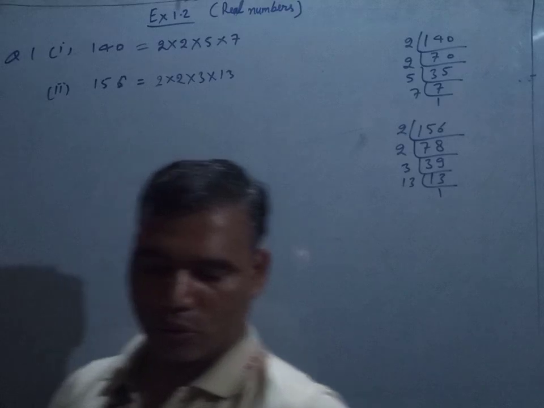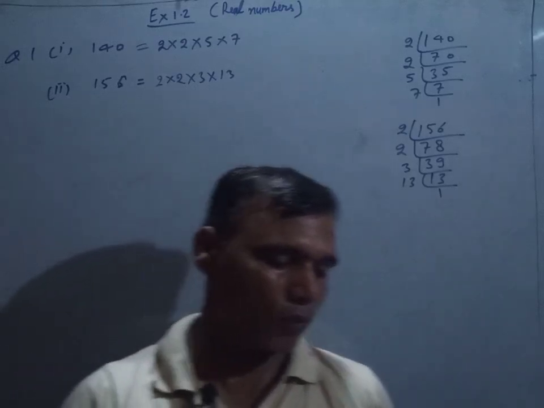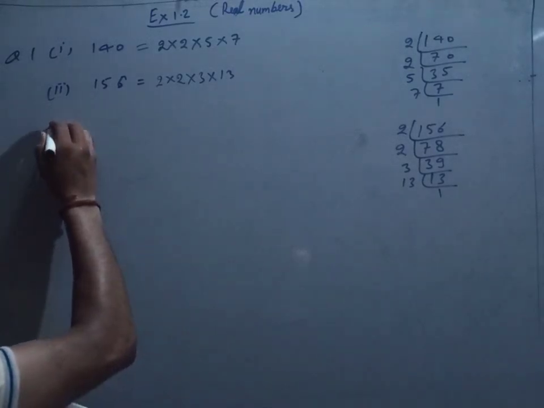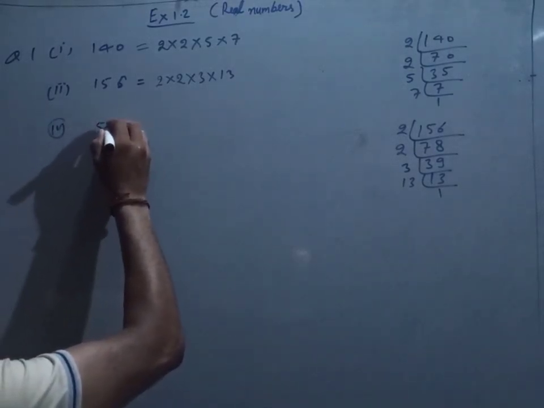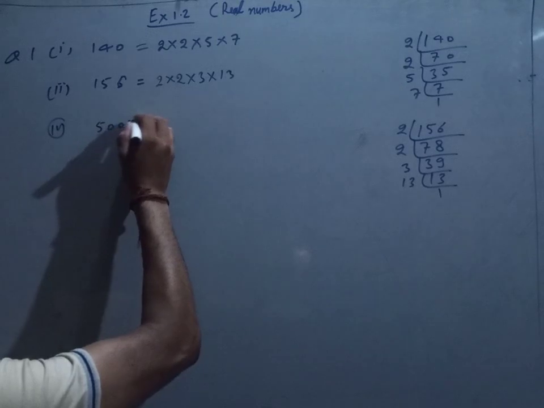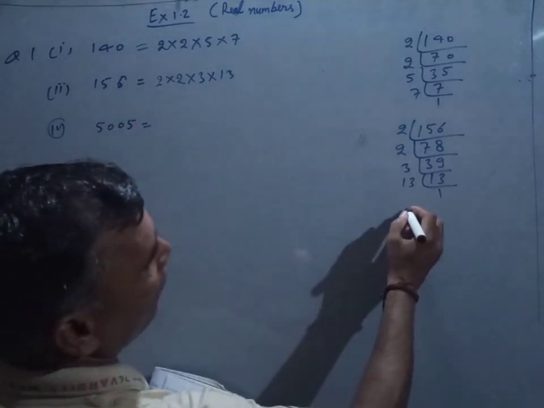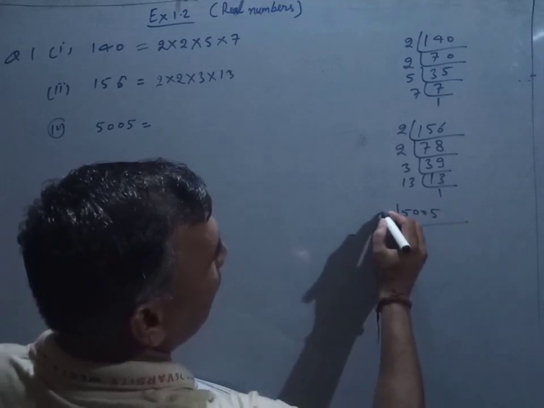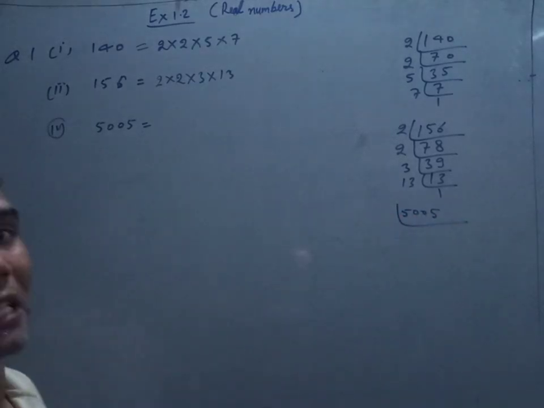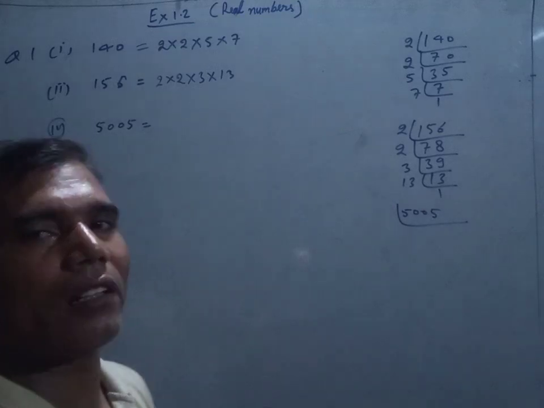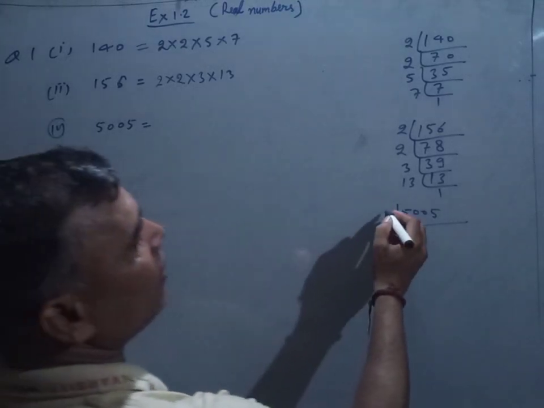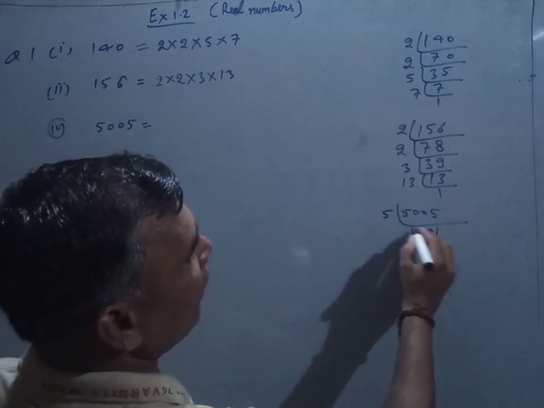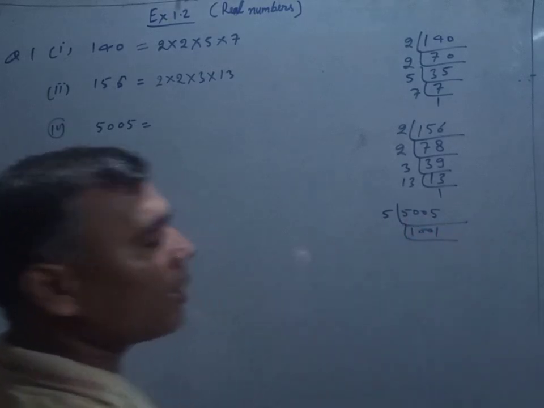So question number 1, fourth part, we have 5005. When the unit place digit is 5, we can divide by 5 and write the quotient below: 1001. Then we can divide by 11.